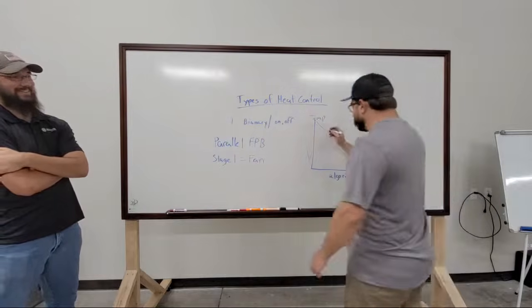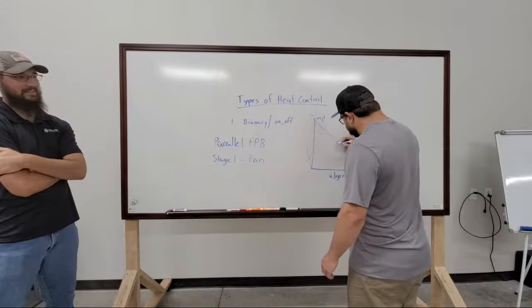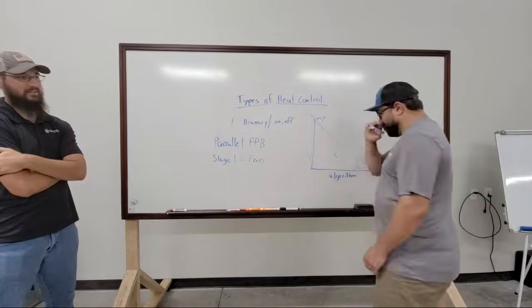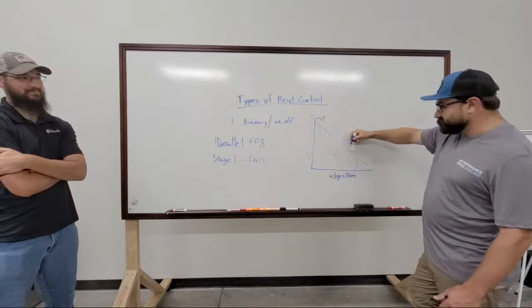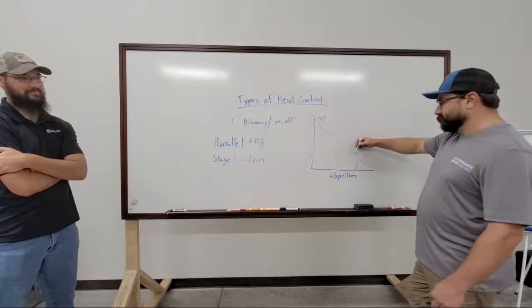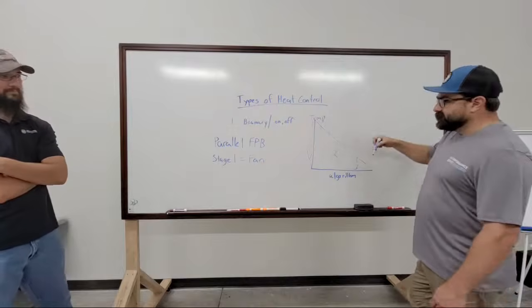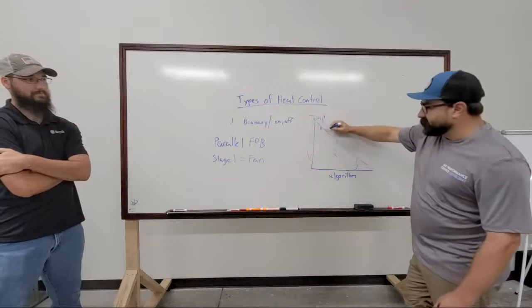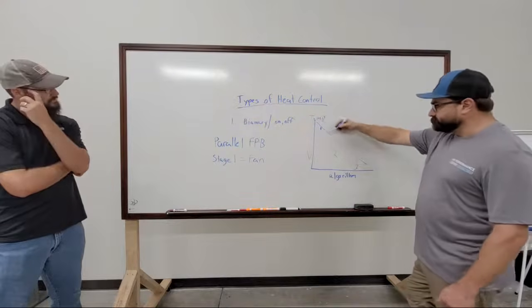All right. So at this point, we may have 1. At this point, we may have 2. At this point, we may have 3. So as your temperature goes down, you increase your output, or the algorithm's logic will bring on the additional stages. So a lot of times the fan is the first stage, or it could be literally the fan and the first stage of heat.